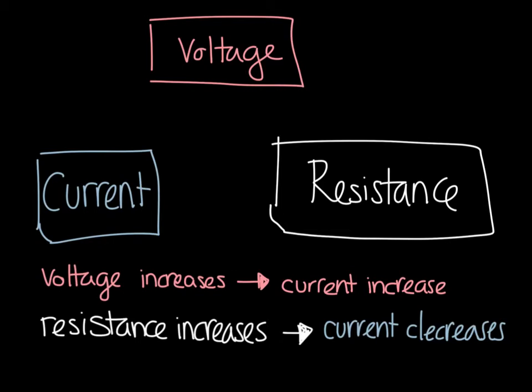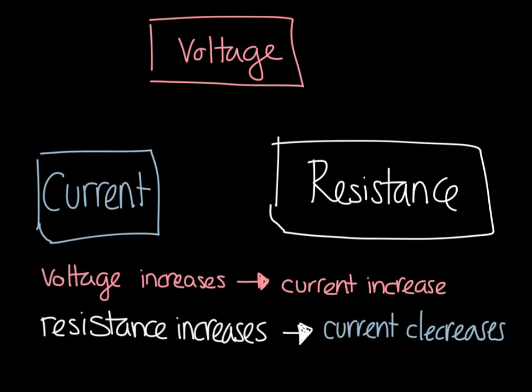So the next question is, how do voltage and current and resistance all interact with each other within a circuit? The voltage will affect the current and the resistance will affect the current. So if I increase the voltage of the cell in the circuit, I increase the current that flows. So I'd increase the number of coulombs that pass a point in a second.